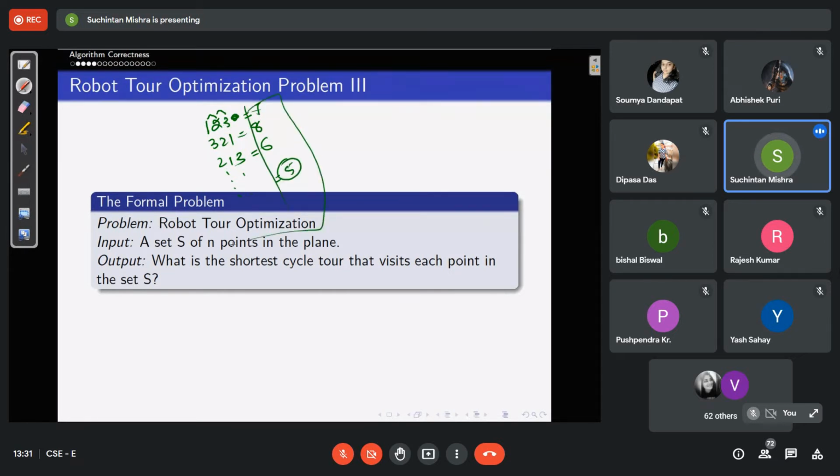I know sorting, so I will compare them and say, yes, this is the minimum distance, something like 3, 1, 2 should be followed. Are you able to follow this? This is basically known as the brute force method.